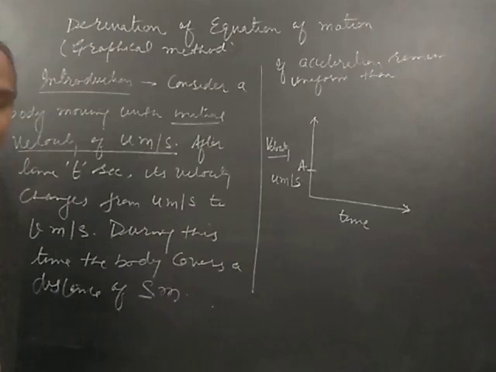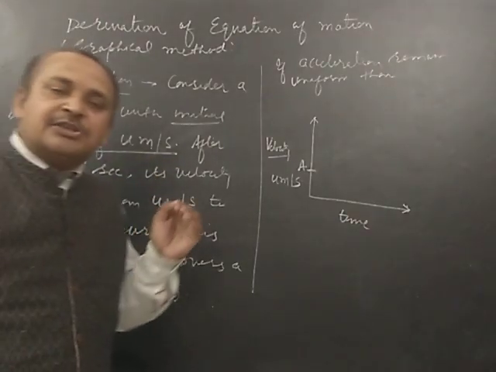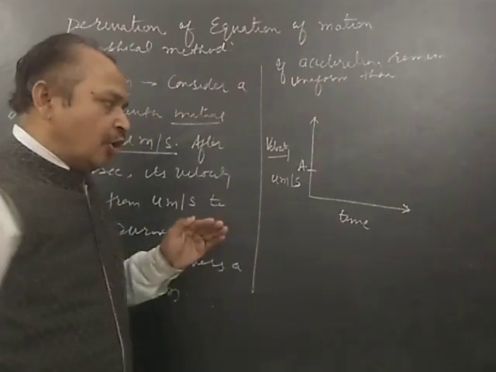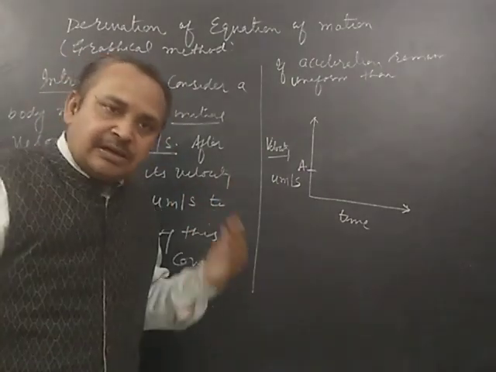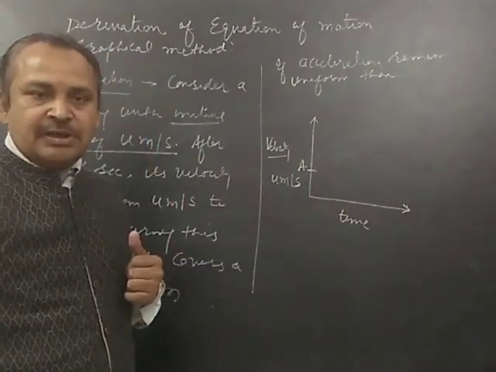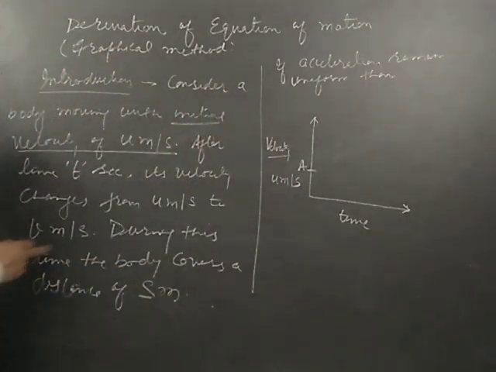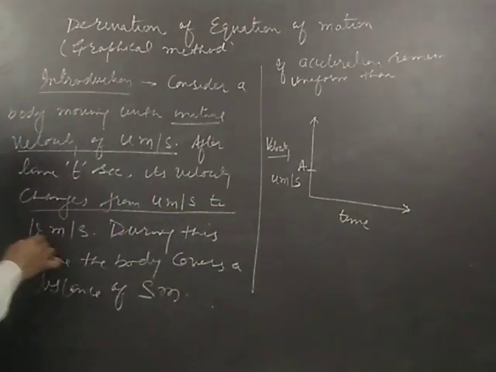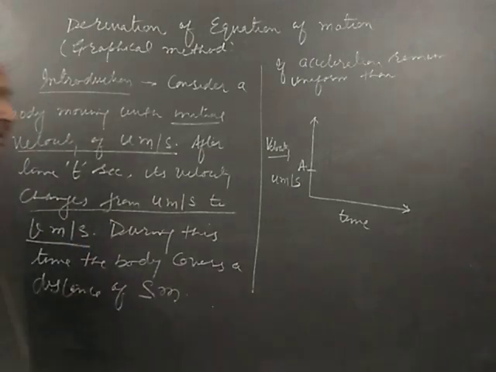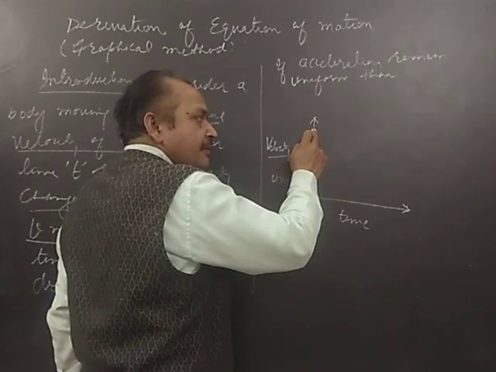Is it clear? Now after time t seconds, now see, because the vehicle is moving, obviously after time t it will cover some distance, and because we are considering the acceleration remains uniform and the velocity changes from u meters to v meters per second. So if it is u, v will be somewhere here.